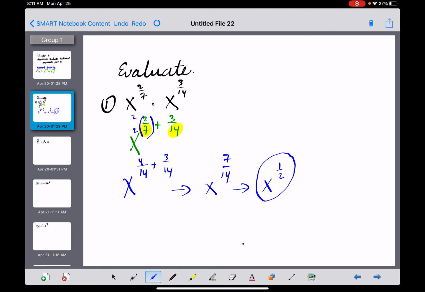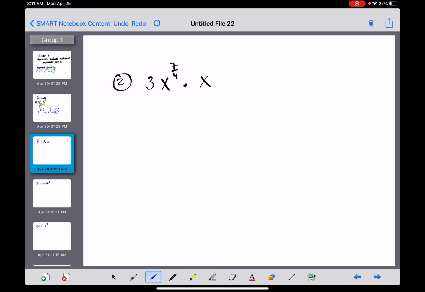Now move on to number 2. In number 2, I added in the coefficients, but the idea stays the same. Let's rewrite this problem. We have a 3 here, x to the 7 over 4, times, since we don't have a coefficient here, there's an invisible 1, and then bring down x, and since we don't have an exponent here, there is also an invisible 1.